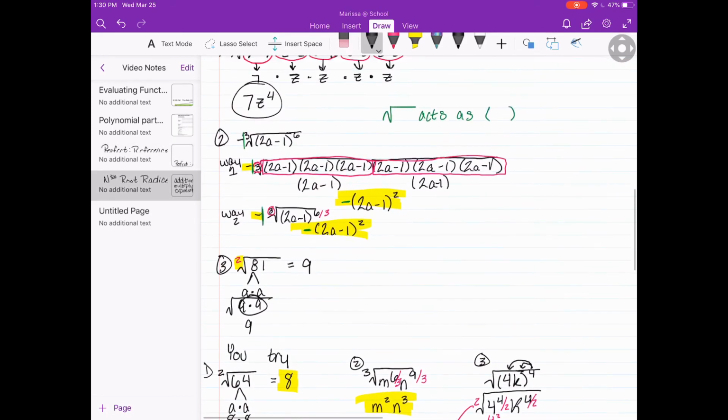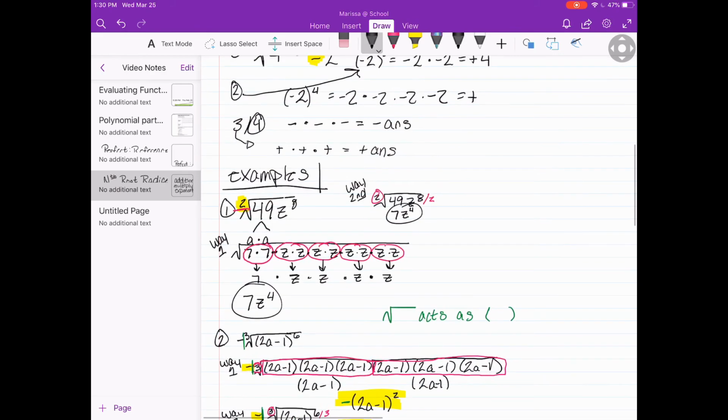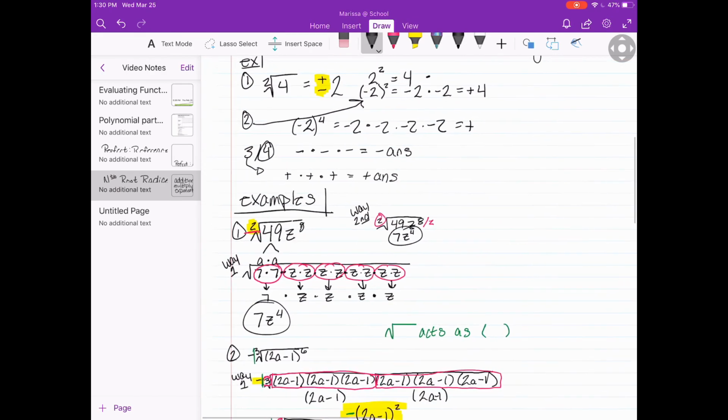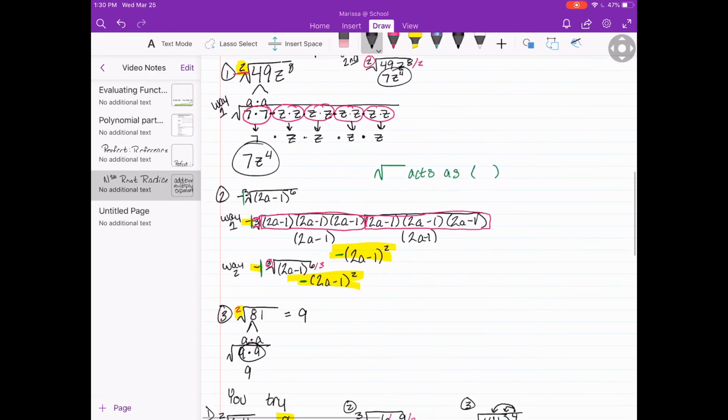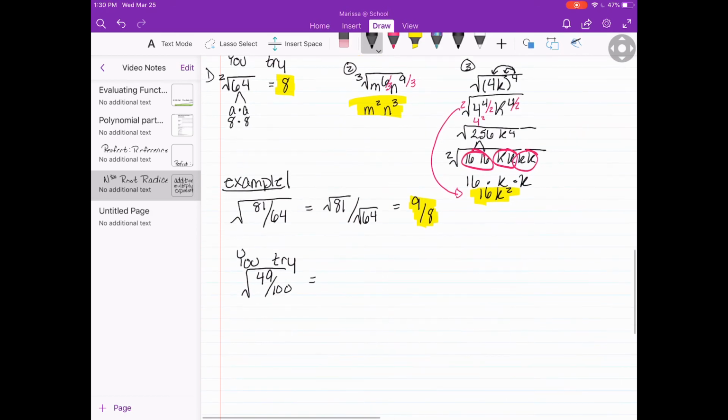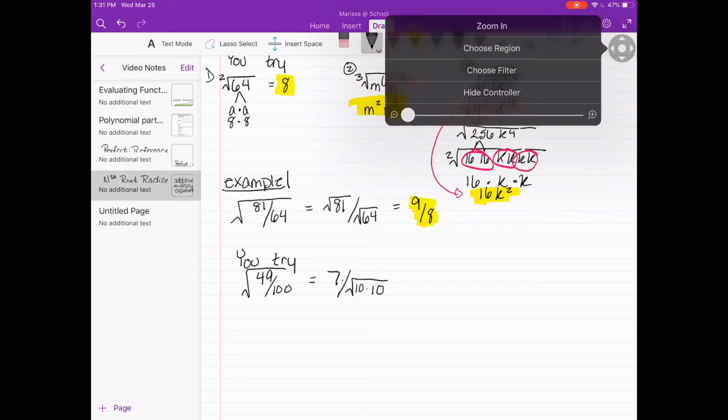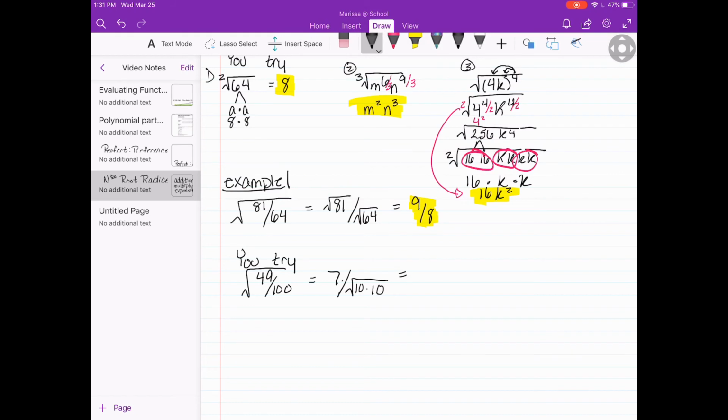We did the square root of 49 back in the very first example. You should have gotten 7. And then the square root of 100 would actually be 10 times 10, which is 7 over 10. And I can't simplify that fraction, so I'm just going to leave it alone. If, in fact, you can simplify the fraction, you need to simplify the fraction.